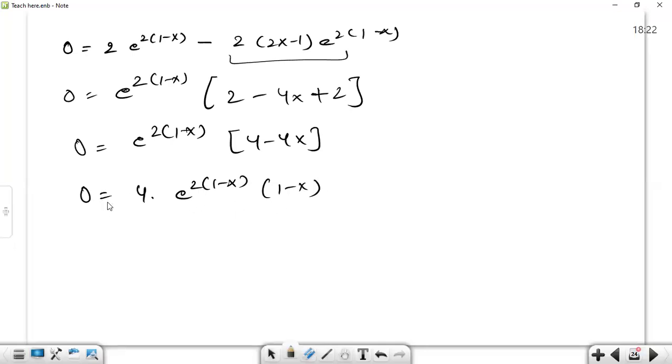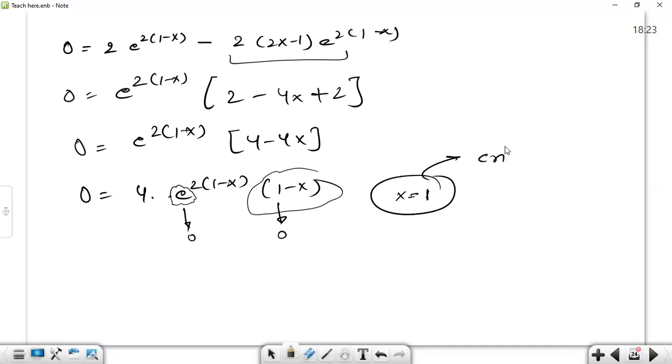So for this product to be 0, either this is 0, or this is 0, or both are 0. Any number raised to anything cannot become 0. It will never happen. So this has to be 0. For this to be 0, x is 1. This is our critical point.